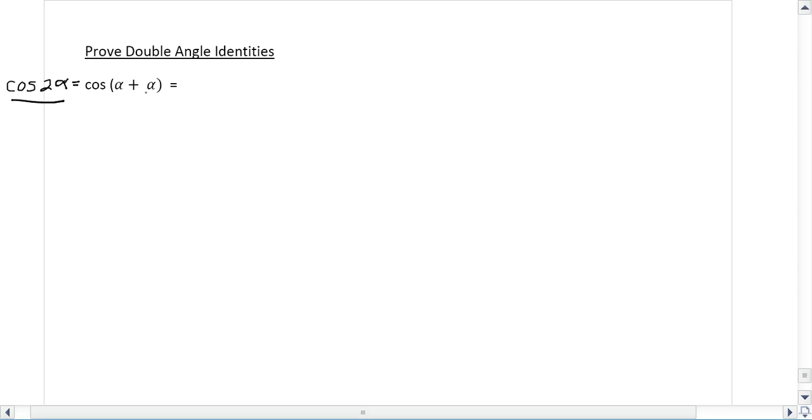And now I'm going to use the sum identity, I'm going to follow the cosine of the alpha plus beta identity, but in this case, both alpha and beta are the same, so we'll just use alpha. So this equals cosine alpha times cosine alpha, and then there's a minus sign, sine alpha times sine alpha.